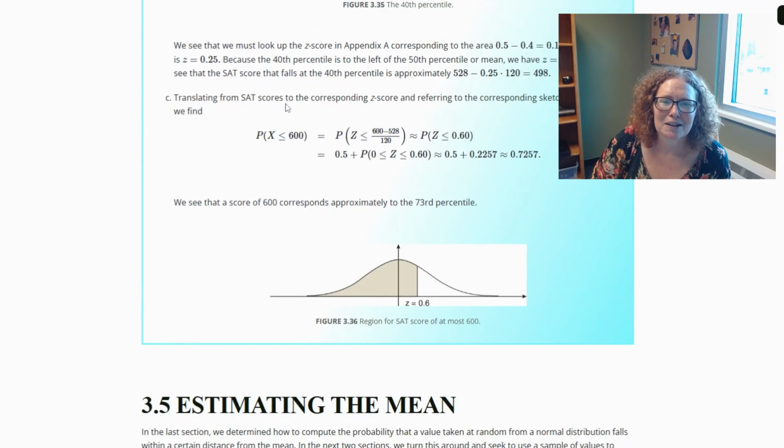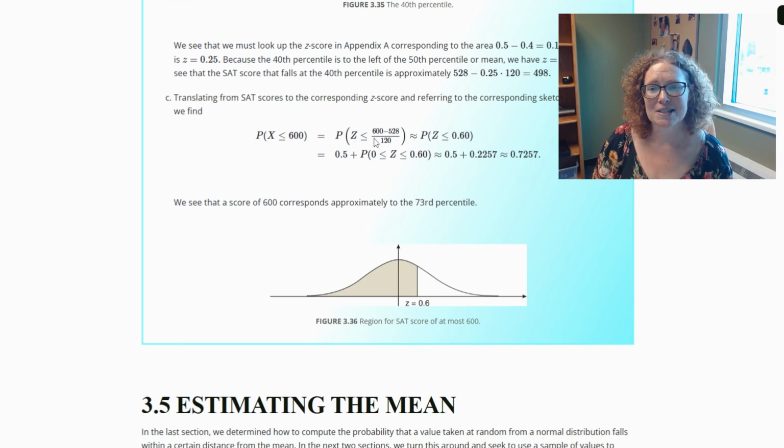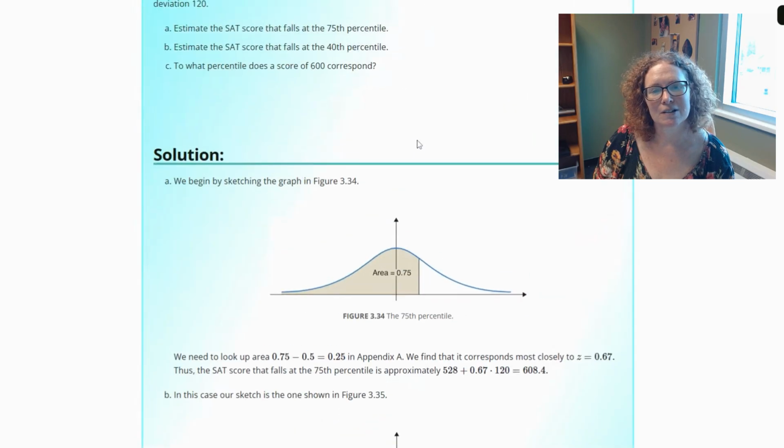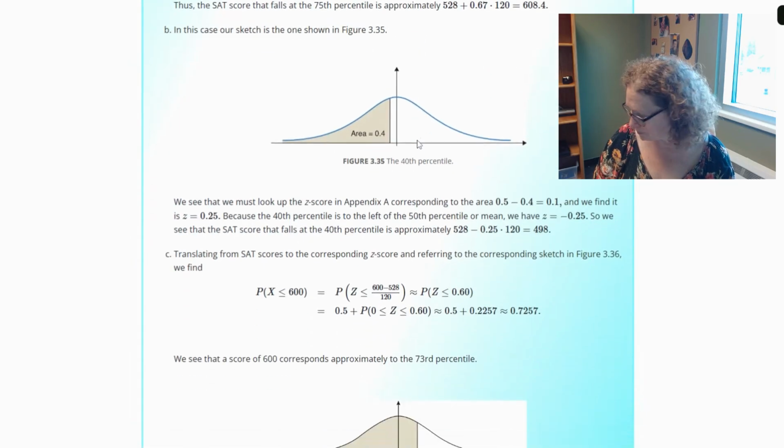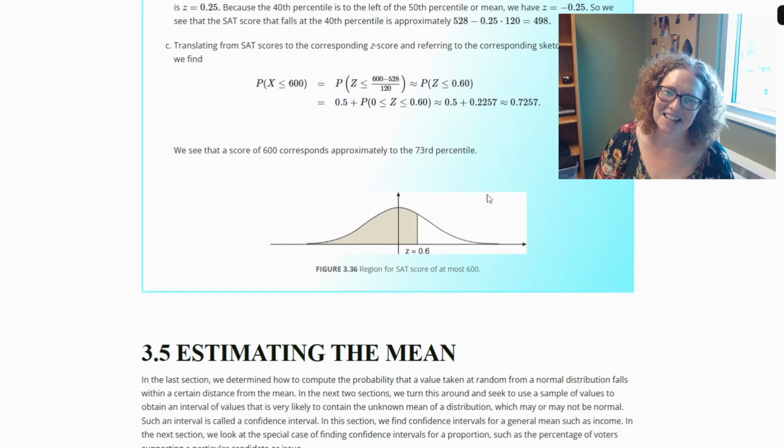So we change that x. We know that x is less than or equal to 600. So we want to find the z. So we say x minus the mean divided by the standard deviation. Yes, and that's how we get that.